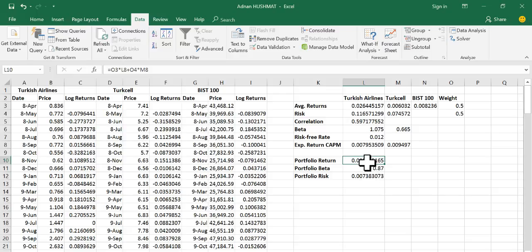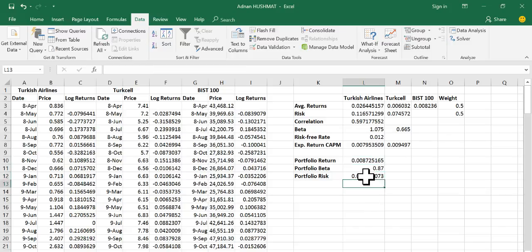If you invest in Turkish Airlines stock, you expect 0.0079, and in Turkcell 0.0094. But if you combine them, the expected return is 0.0087, good, while the risk is very low compared to these individual stocks.